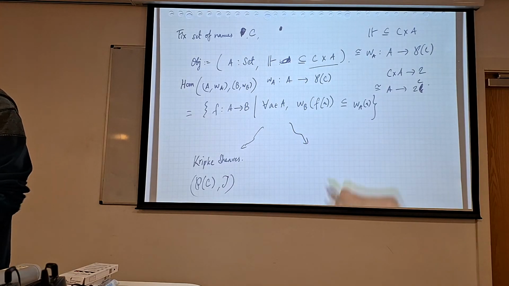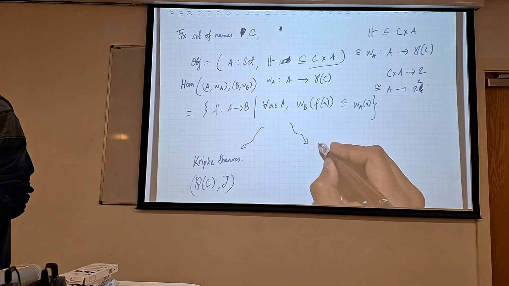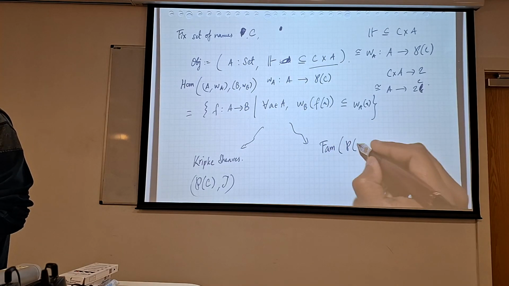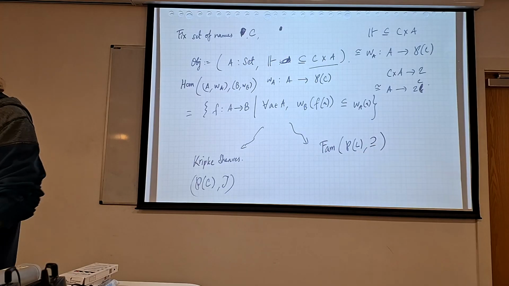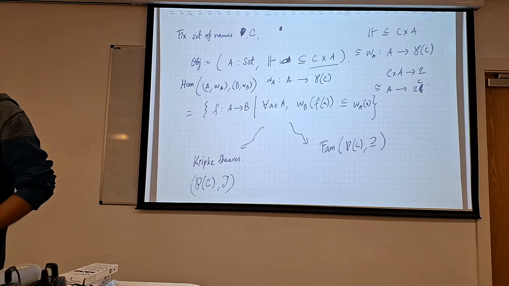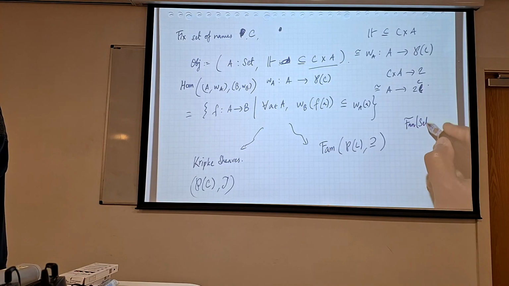The other way is containers: you can think of them as Fam of this with the superset relation. It's a free coproduct completion, like containers are Fam Set.